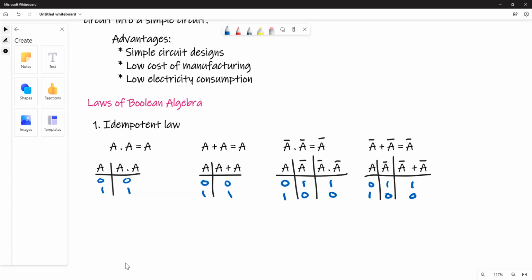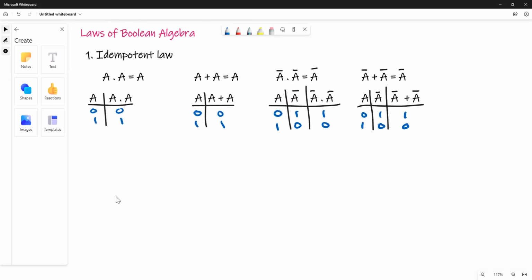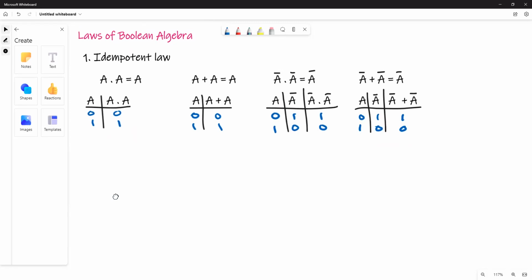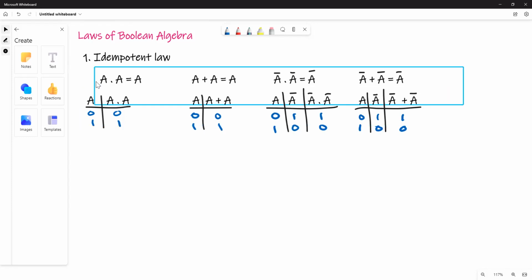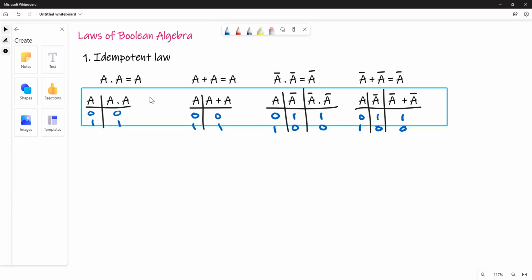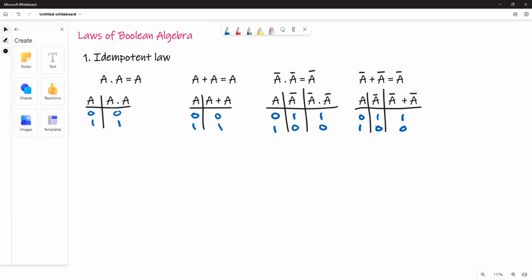For example, when you want to simplify something, if you have the same variable again and again, instead of 2, you can make it a 1. For example, if you have (A plus B) into (A plus B), we know we can simplify it into A plus B, right? So that's how we are going to handle it, right?